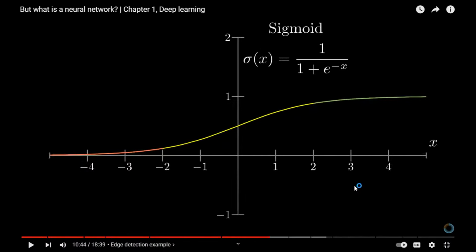Can I consider this as 0.5? And what is this green line? Increasing value, 3, 4. When it is positive, the value keeps increasing. What's the last value? The last value is 1.